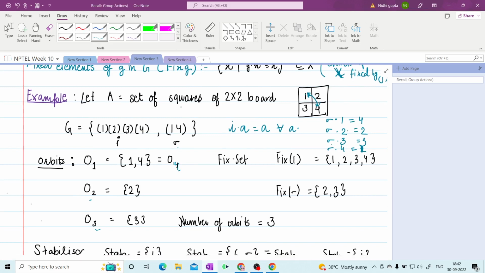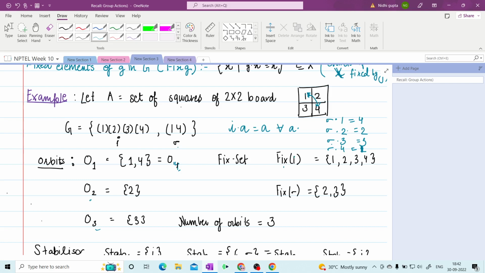So fix of 1, that means we want to look at all the elements of G which are fixing 1, which are leaving 1 unchanged. So the identity permutation is leaving 1 unchanged, but sigma is not. Okay, sorry.